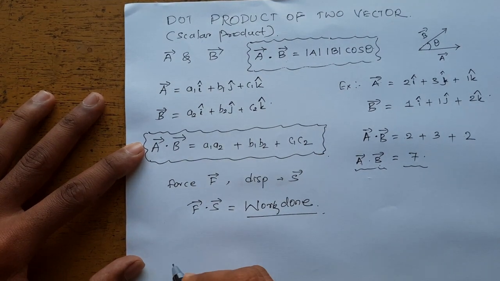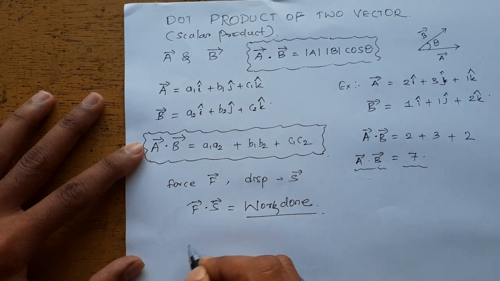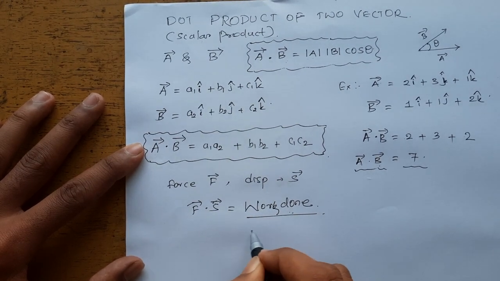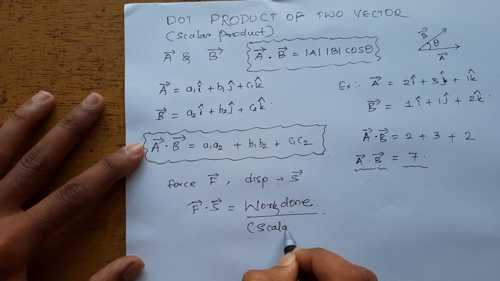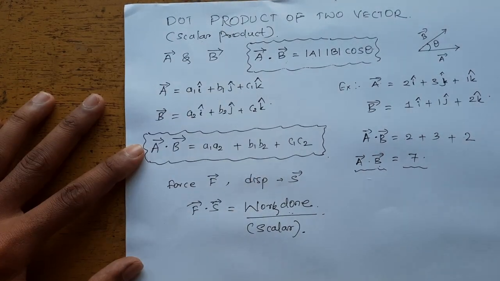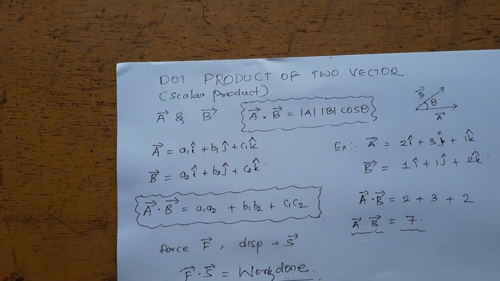Therefore, force is vector, displacement is vector, but the work done we are getting is a scalar. Therefore, it is also called a scalar product.